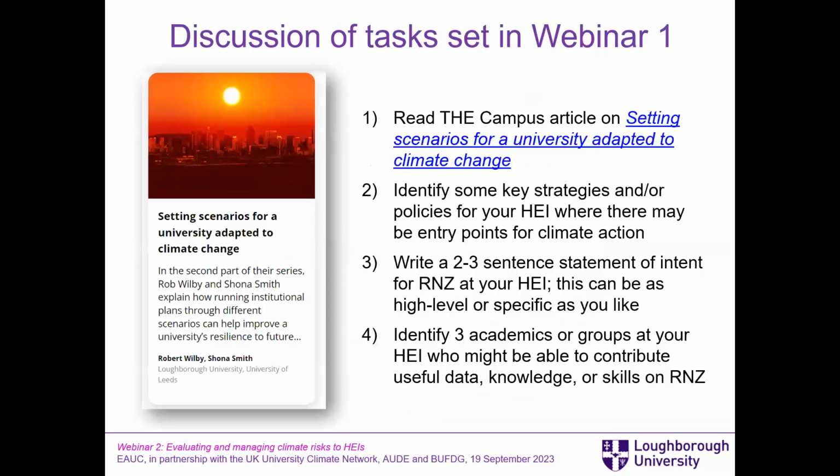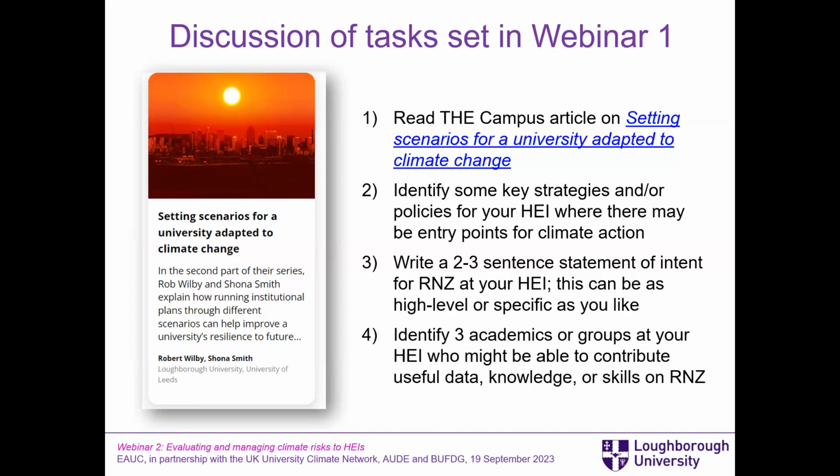Okay, so let's now turn to the homework that was set last week. I did the homework myself. So the first part was to read the short piece on creating the scenarios for a higher education institute, identify the key strategies at your institution, what a vision statement might look like, and were you able to identify 3 academics or other experts at your institution who might be able to offer some useful skills, advice, or insights.